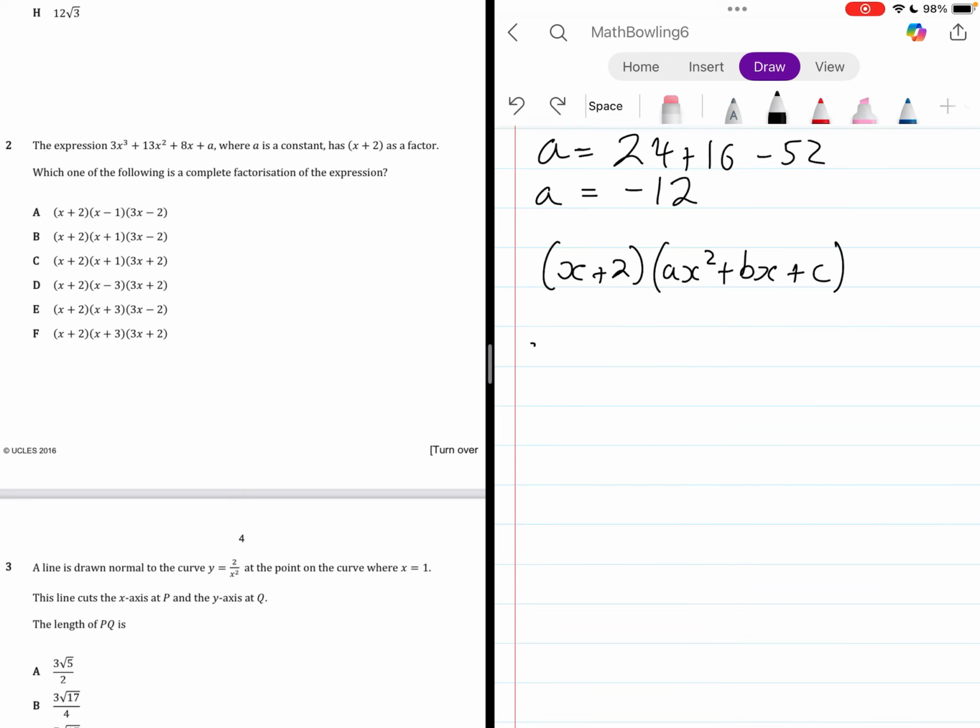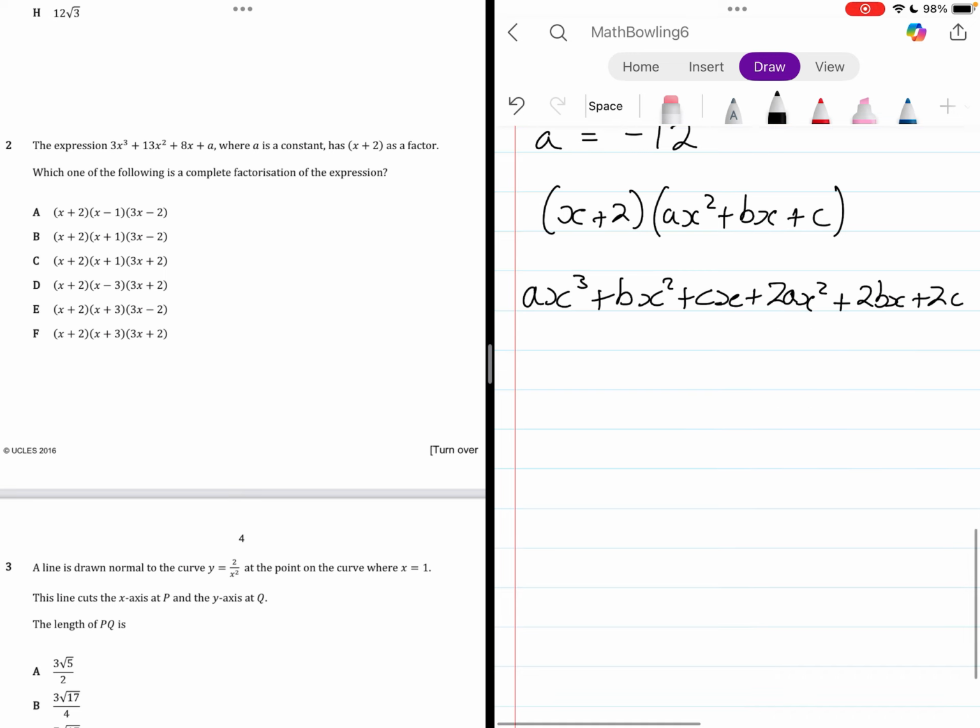So we're going to have ax cubed plus bx squared plus cx plus 2ax squared plus 2bx plus 2c. Those are all our terms.